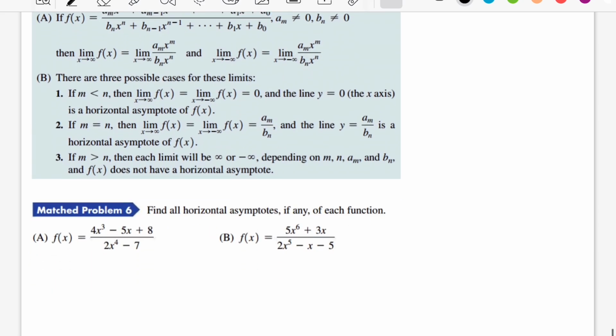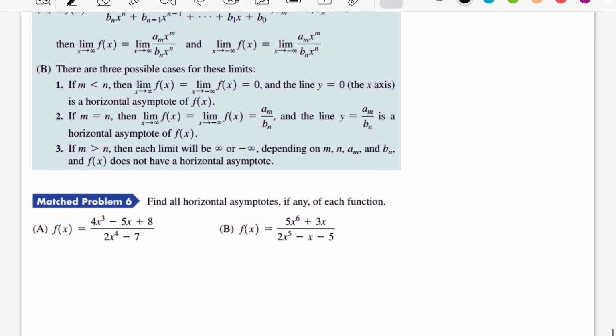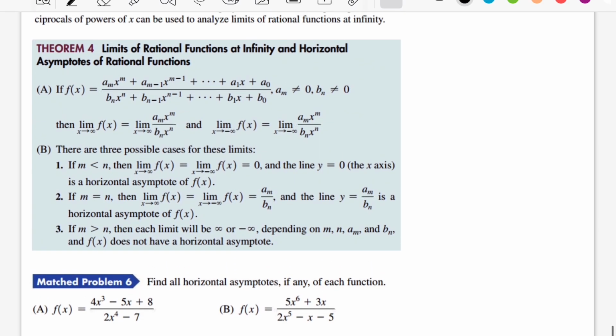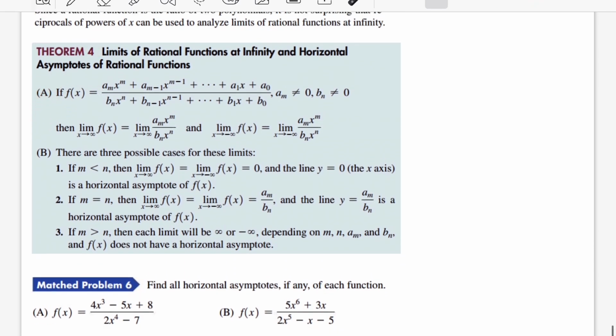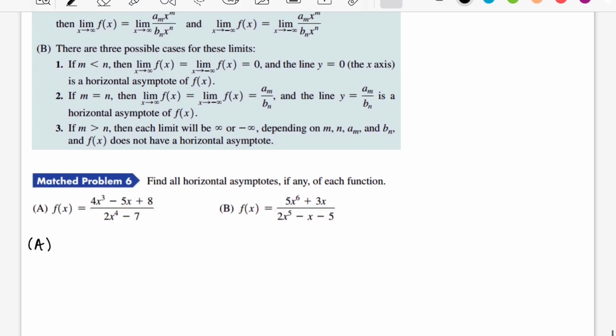So we'll look at A first, and then using part A from our theorem 4, we know that the limit of this is going to be the limit of the leading terms from the numerator and denominator.